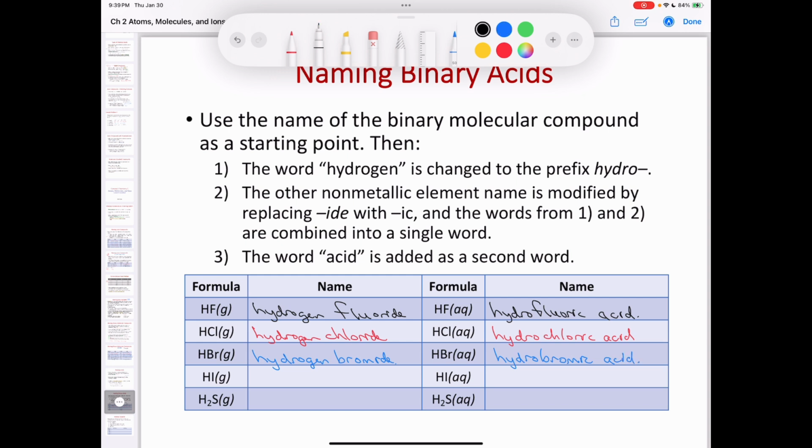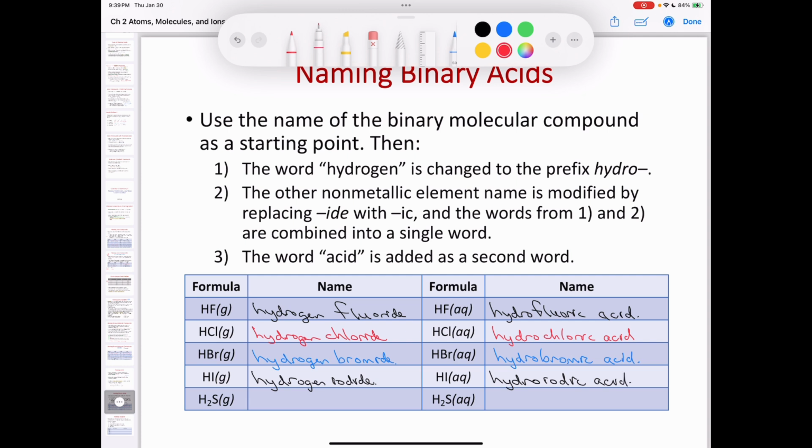All right, next one would be hydrogen iodide, and so this would be hydroiodic acid.